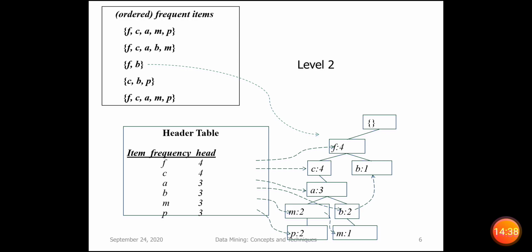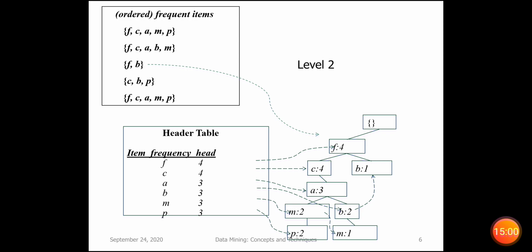We already have F, which is directly connected with the root node. From F we will create one more node B. To tally the support count, it is taken from the previous node. So it is level 2.